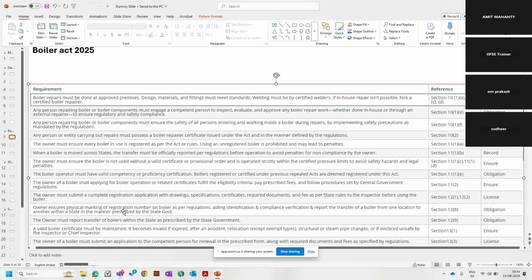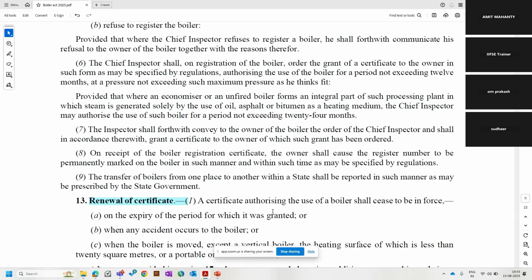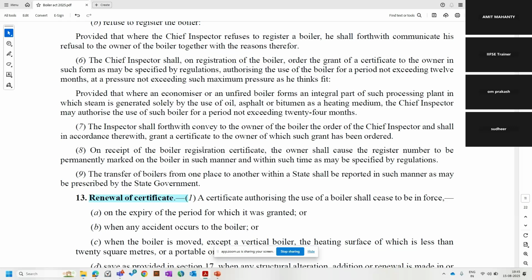Then the owner ensures the physical marking of the registration number on the boiler as per the regulations, aiding identification and compliance verification, and reports the transfer of boiler from one location to another within a state in a manner prescribed by the state government, which is 12(8). So, transfer of boiler. On receipt of boiler registration certificate, the owner shall cause a registration number to be permanently marked on the boiler in such a manner and within such time as may be specified by the regulations.